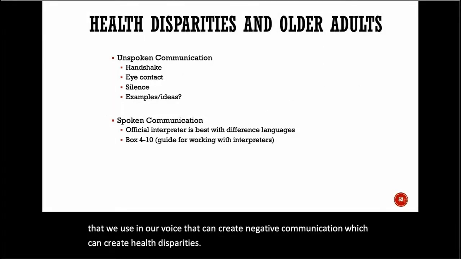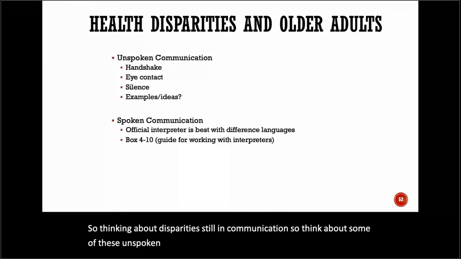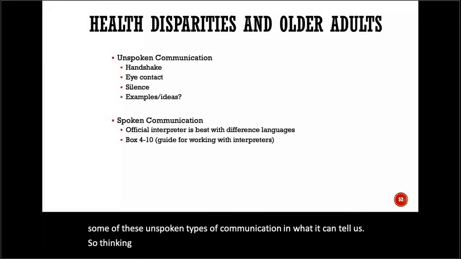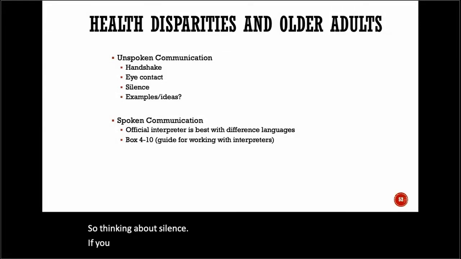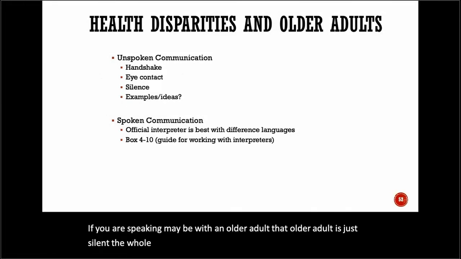So thinking about disparities still in communication, think about some of these unspoken types of communication and what they can tell us. So thinking about silence. If you are speaking maybe with an older adult, and that older adult is just silent the whole time that you're trying to teach them about their new diagnosis of diabetes, that should tell you something.